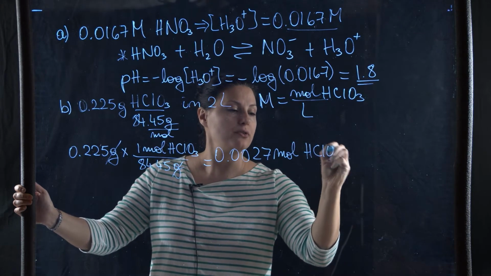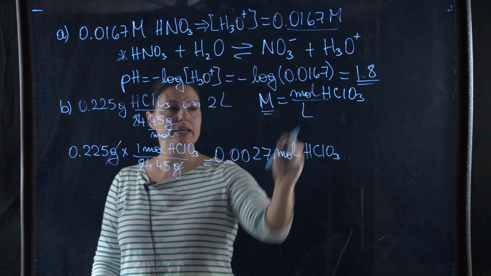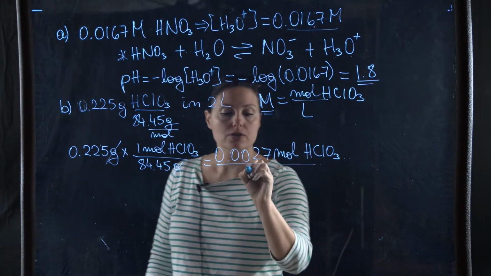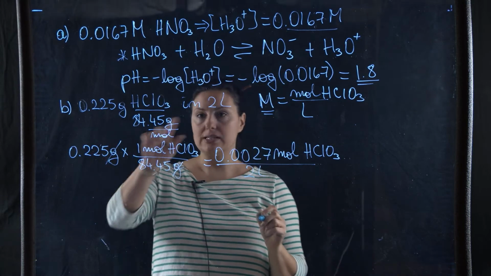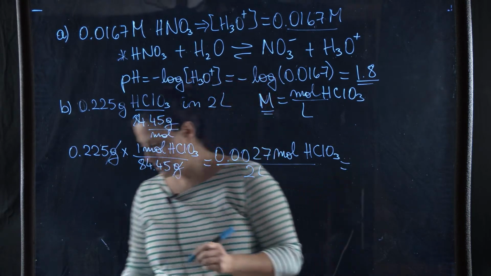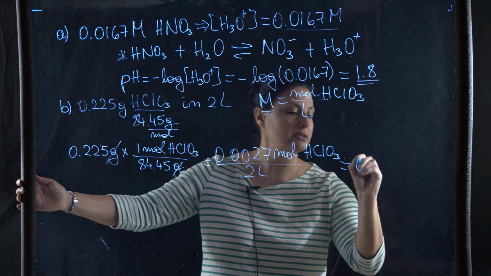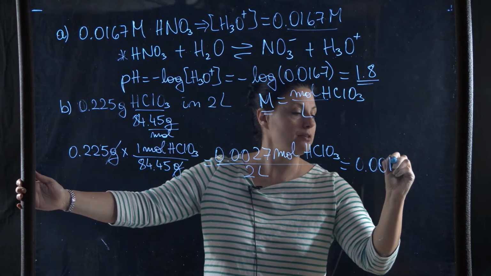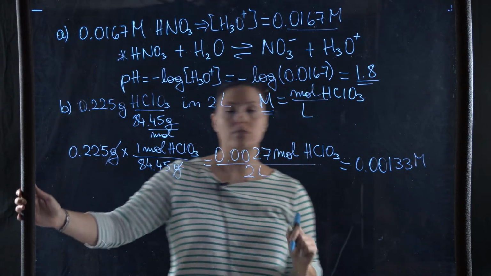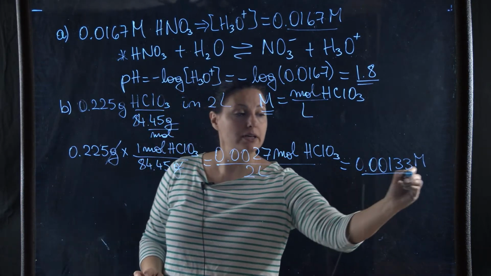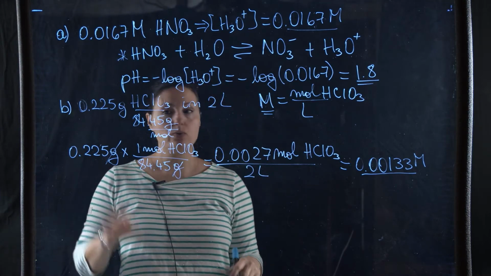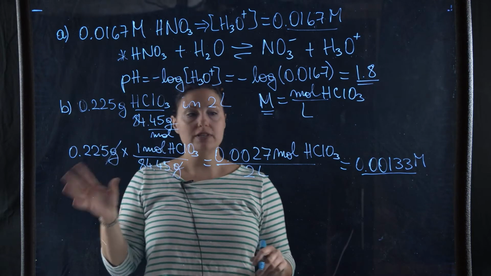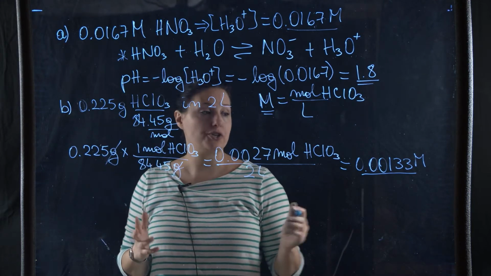However, my molarity is moles of HClO3 over liters of solution. So I divide that by the 2 liters because I'm told it's in 2 liters, which gives me a molarity of 0.00133 molar. Now that I have this in molarity, I can say, well, this is a strong acid, which means that all of it, just like up here, is going to dissociate to give me H3O plus.